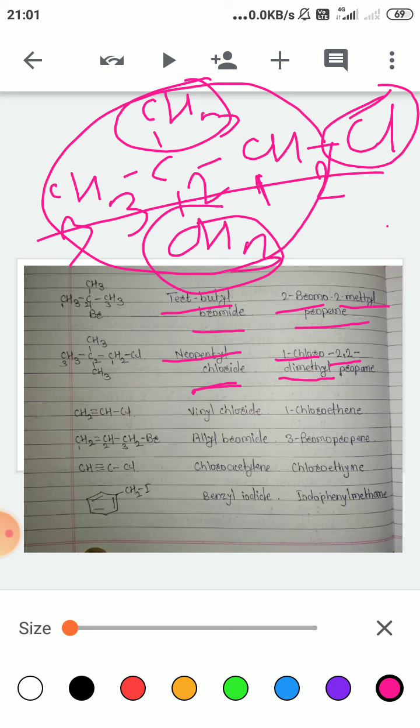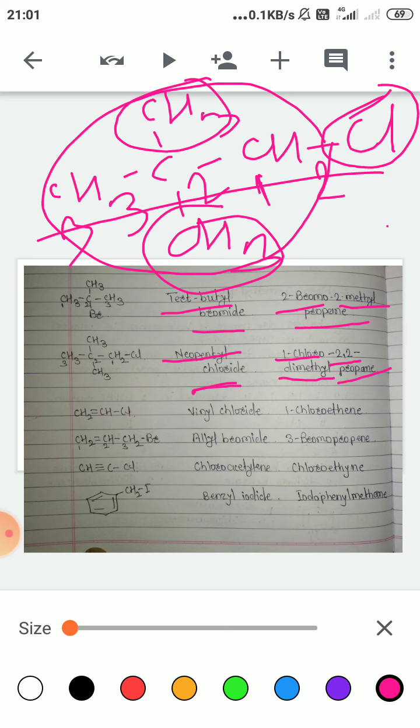As the longest chain contains 3 carbon atoms, it is propane. Therefore the name of the compound is 1-chloro-2,2-dimethyl propane.